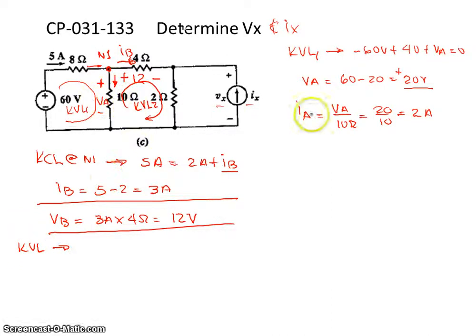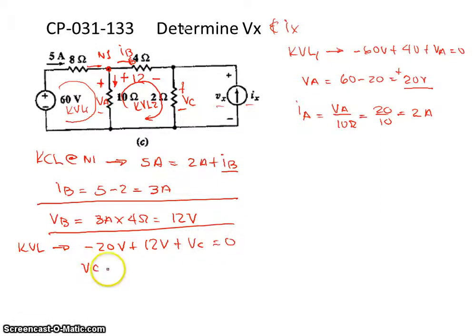I have v sub a, that is minus 20 volts when I go around the loop, and then I have this plus 12 volts, and then the voltage across the 2 ohm resistor, I'm just going to call v sub c, and this is equal to 0.